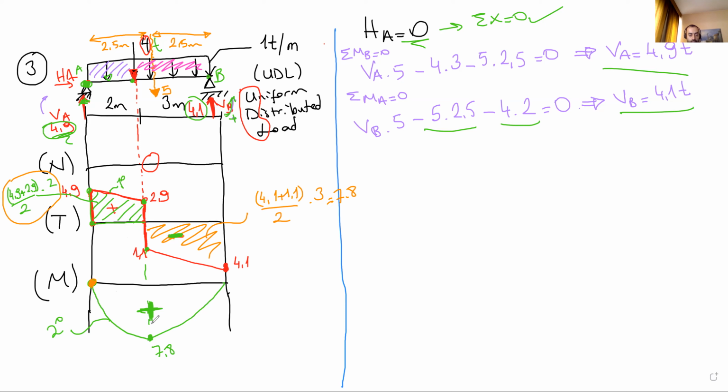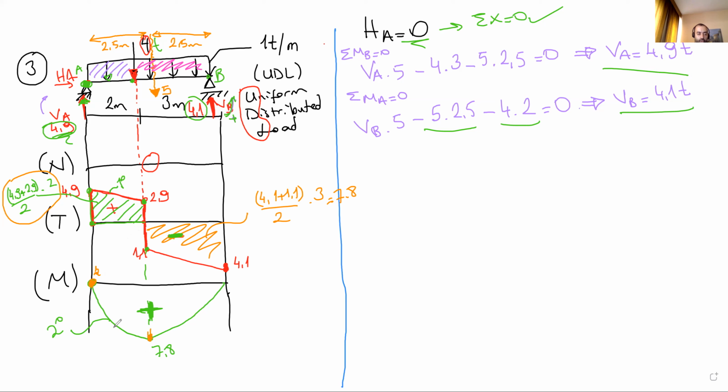So this is the point, 7.8. So we have to connect this 0 start point to the 7.8. Remember, we always increase the degree of the curve. We increase 1 more the degree of the shear force diagram. Shear force diagram degree is 1 degree. So we're gonna use a 2 degree curve here.